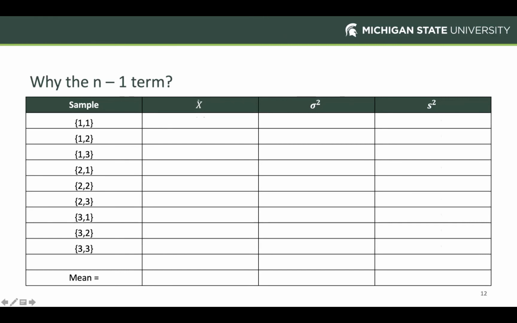So here are the 9 different samples that we could potentially draw. The first number can be a 1, a 2, or a 3, and depending upon that, there are 3 numbers that could be drawn as the second number.